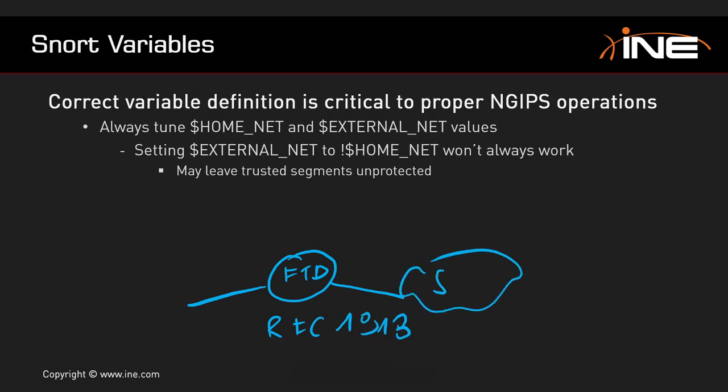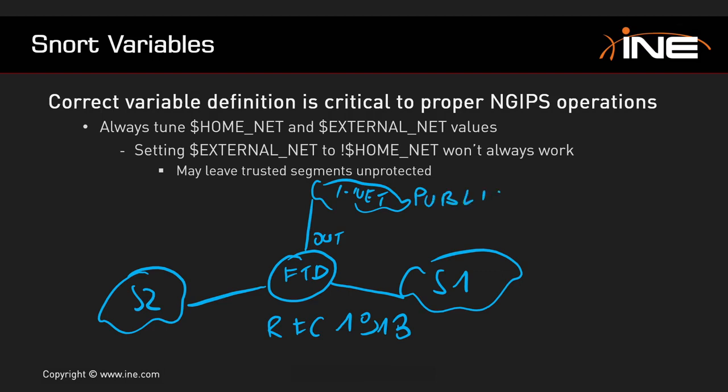This is going to be my subnet 1, this is going to be subnet 2. And we will have a connection to the outside, to the internet, which, as we know, uses public IPs. This is going to be inside 1, this is going to be inside 2.